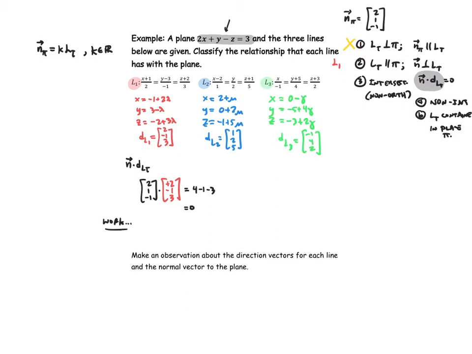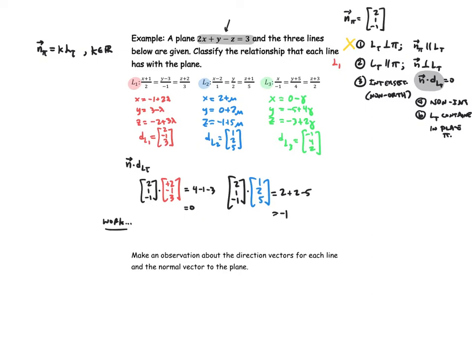Okay, let's look at L2. If I take n, which is still 2, 1, -1, and I dot it with 1, 2, 5, let's see what we get there. I get 2, I get 2, I get -5. That's equal to -1.